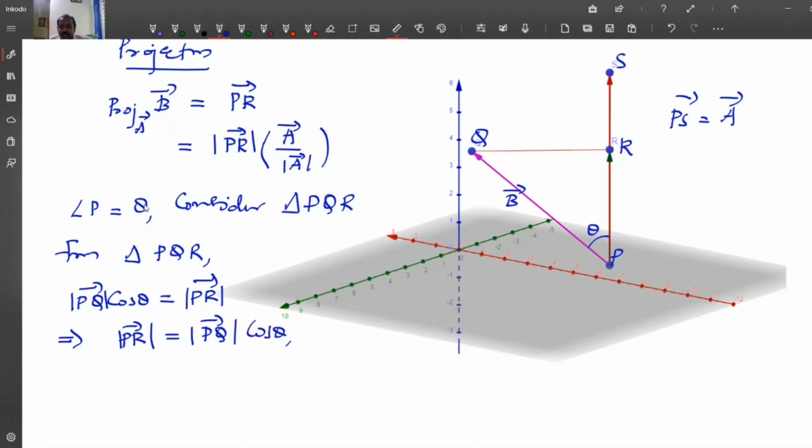Now since angle P is theta, it is the angle between the vector A and B. Therefore A dot B is equal to modulus of A into modulus of B into cos theta.